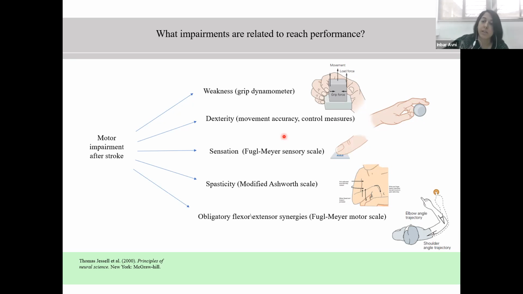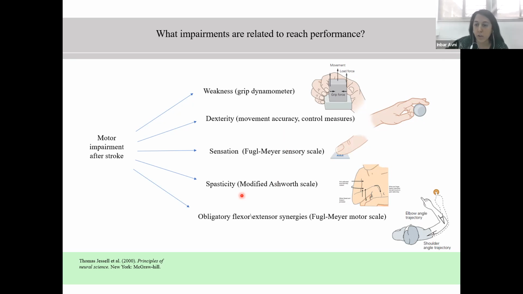Patients will also experience impaired sensation or a phenomenon called spasticity, which is an increase in muscle stiffness that increases with the velocity of passive stretch. And lastly, they would also often display abnormal coordination patterns.